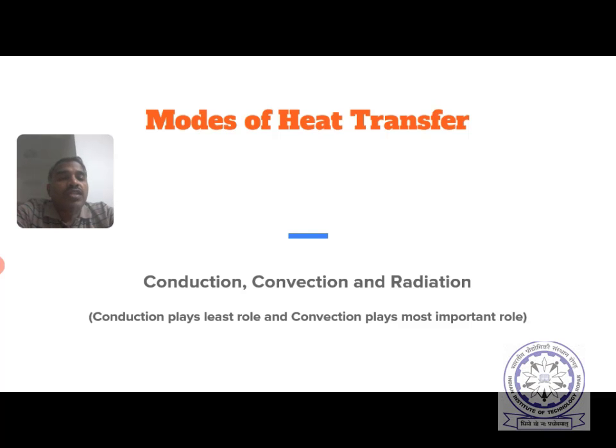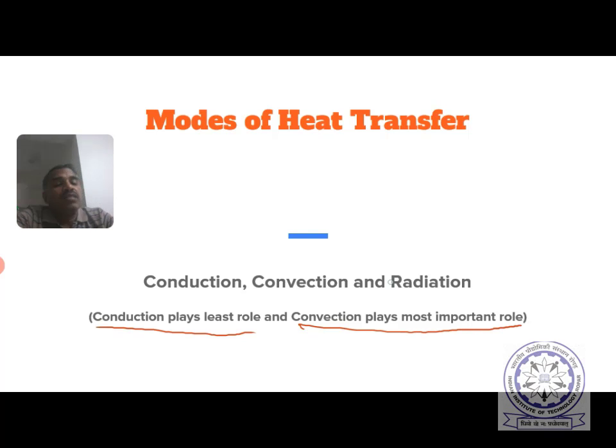Here, conduction, convection, and radiation are the three normal heat transfer modes. Of course, all three will be there in every system, but which are more important and which are least important is given here. Conduction plays the least role, and convection plays the most important role.